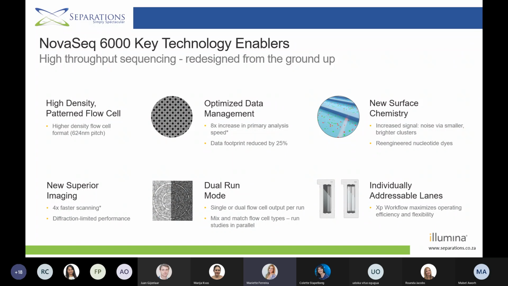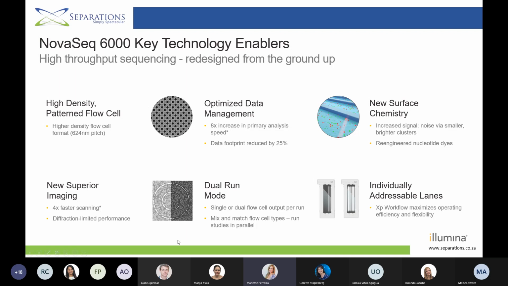What is really nice about the NovaSeq is the dual run mode. You can put 2 flow cells simultaneously on the NovaSeq 6000. You can run either 1 or 2, and you can mix and match different flow cell types, so you can run different studies in parallel.